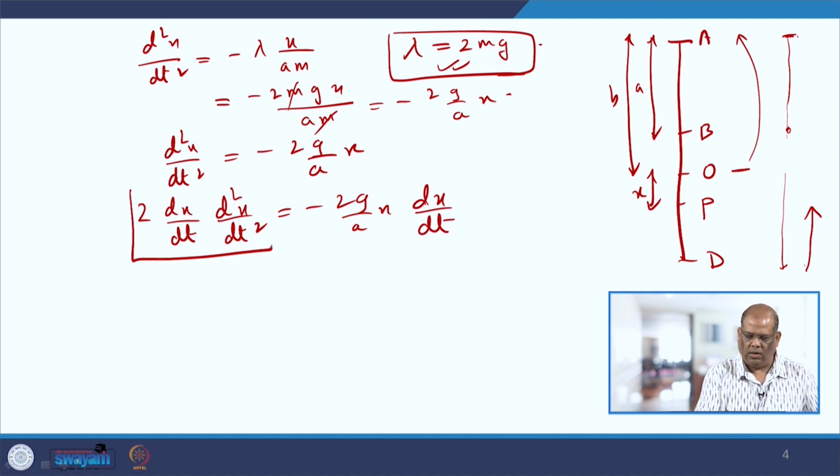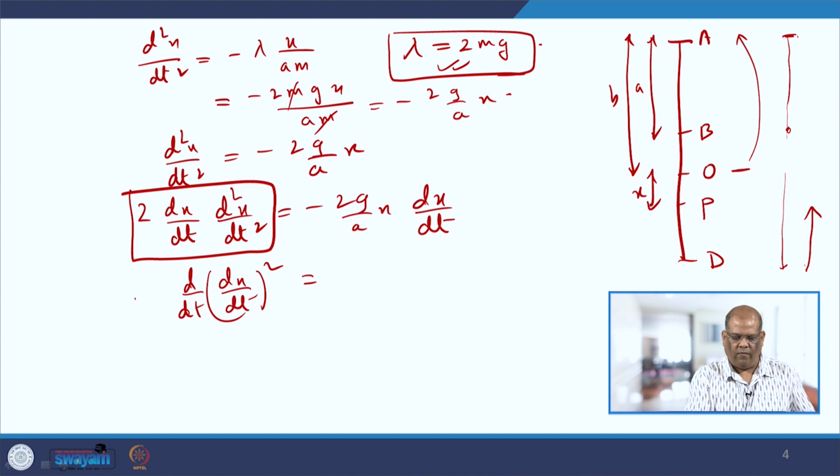Now, this can be written as d/dt of (dx/dt) whole squared. So, you can see that if I differentiate this, it will be 2 dx/dt, and if I differentiate inside, d2x/dt². So, basically you are getting back this, and this side we keep it as it is, minus 2 times g by A x dx/dt.